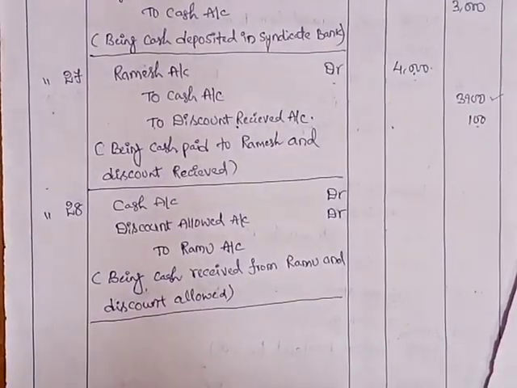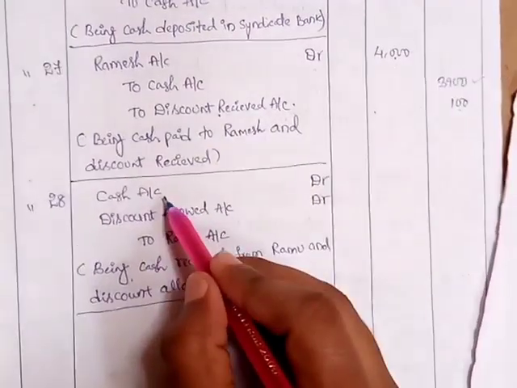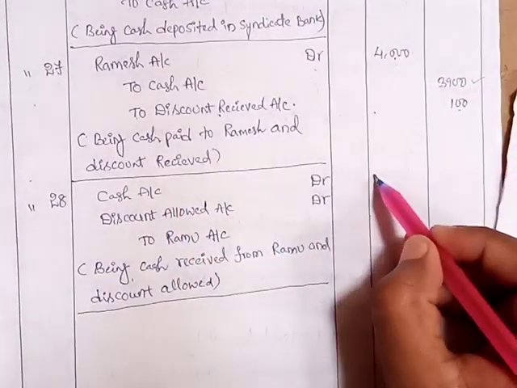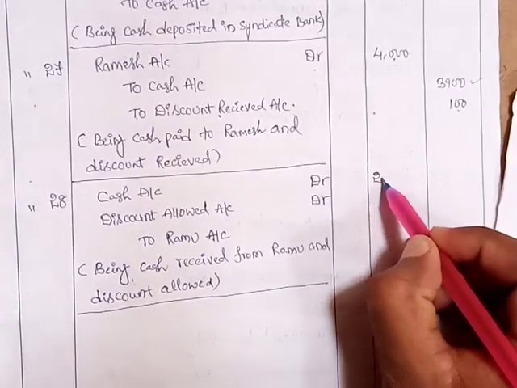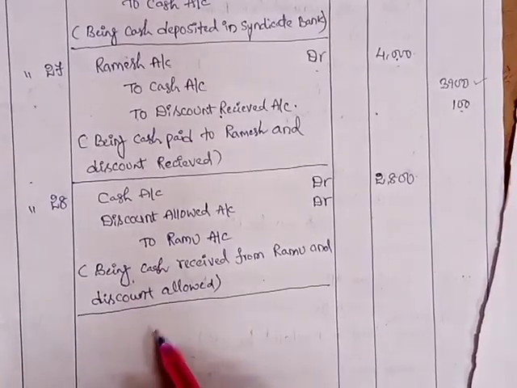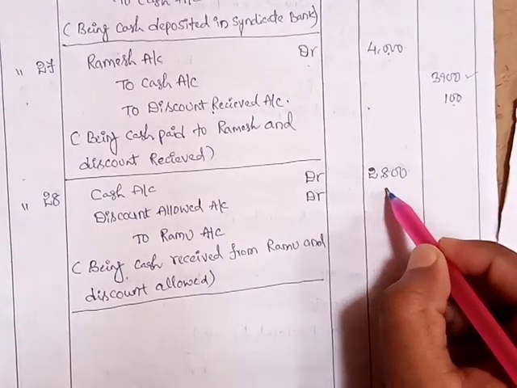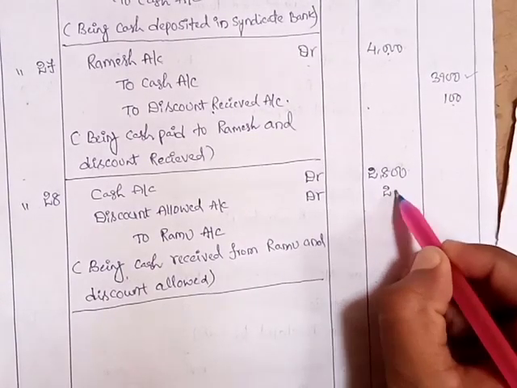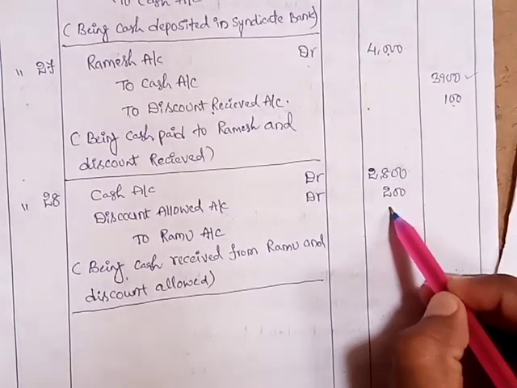So in this transaction, how much cash did we receive? 2,800. That we should write against the cash line in debit column, 2,800. And how much discount did we allow? 200. That we should write against the discount allowed line in debit column. And what is the total amount? 2,800 plus 200, total 3,000.